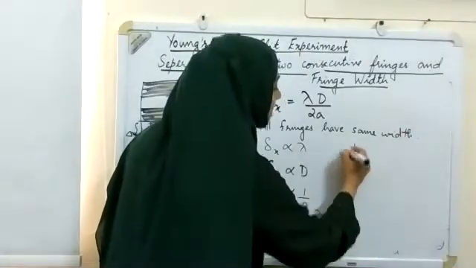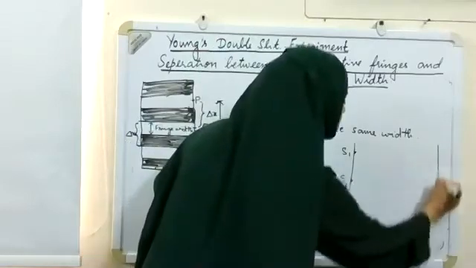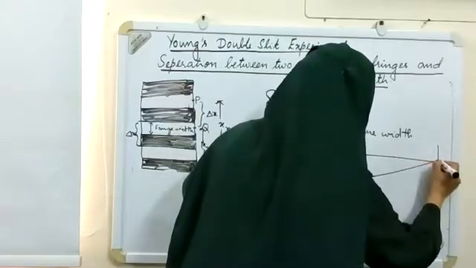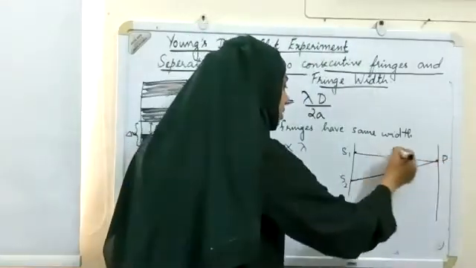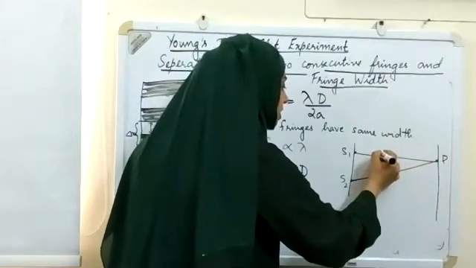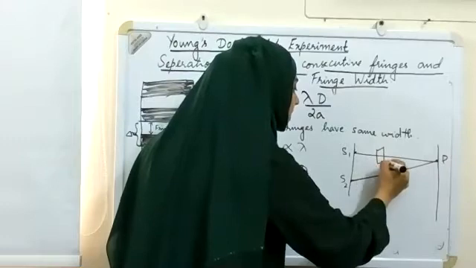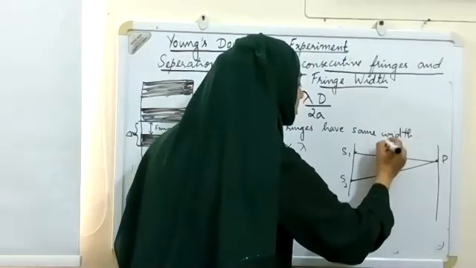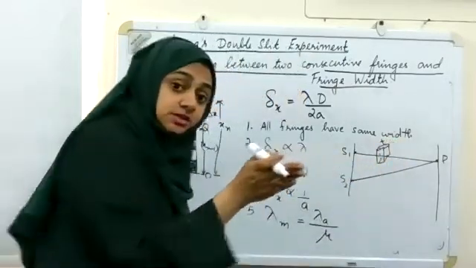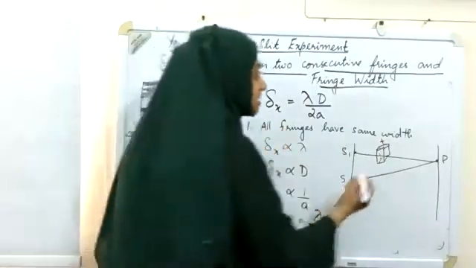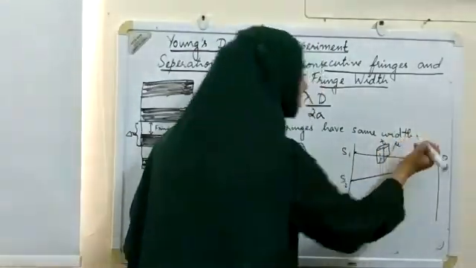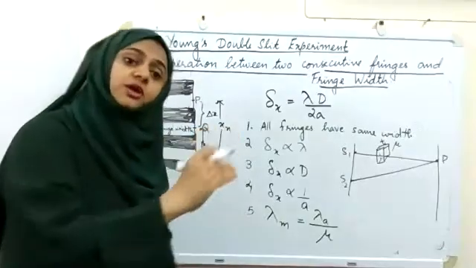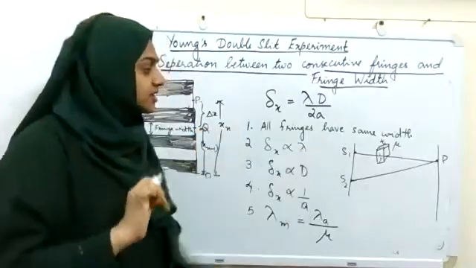Here you have the slits S1 and S2, and you have a screen here at a distance D, and we assume that they meet at a point, say P. Now, in one of these rays' path, we are placing a thin plate of thickness T. So it has to travel through another distance T through a medium. Suppose this plate has a refractive index mu.